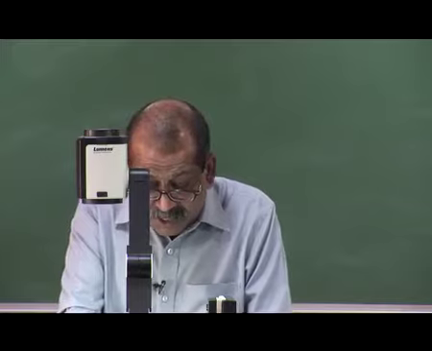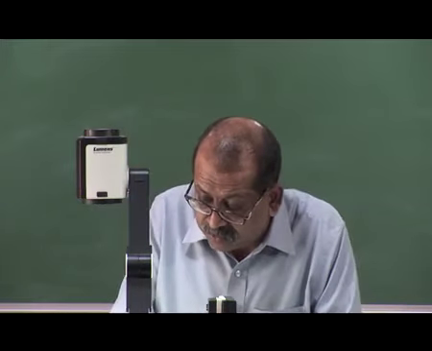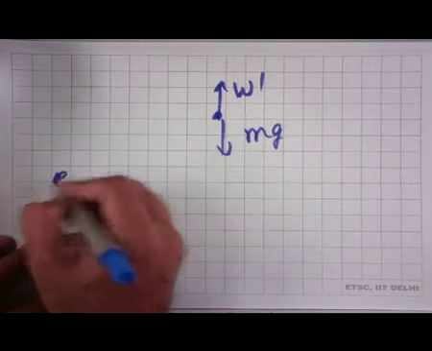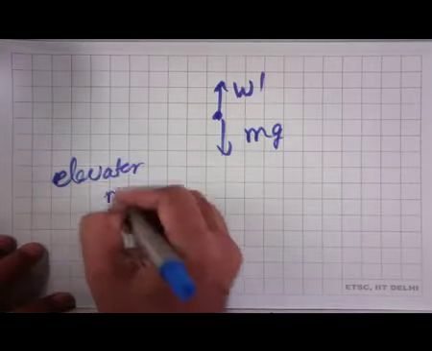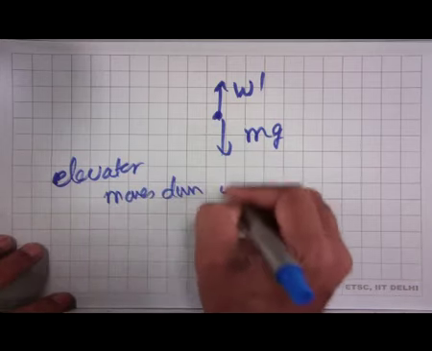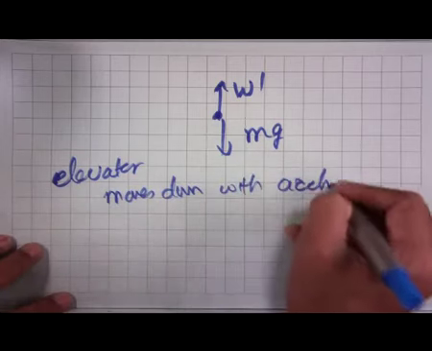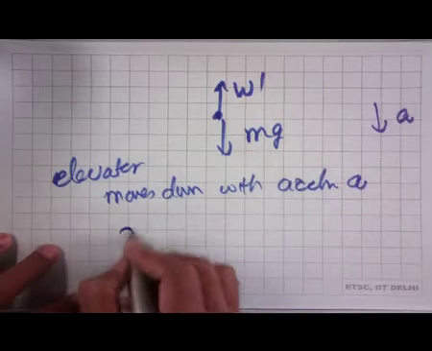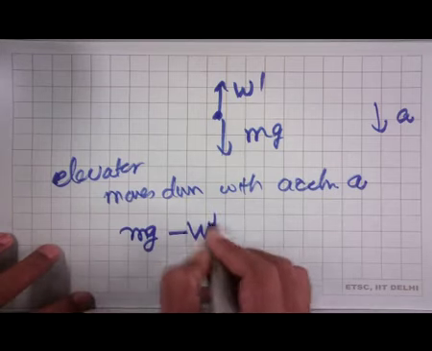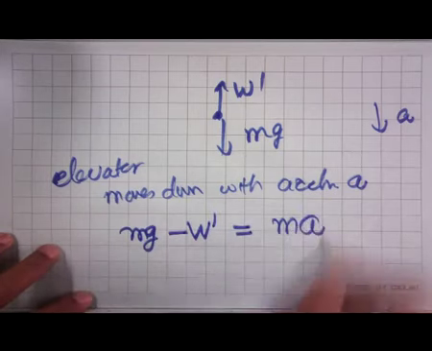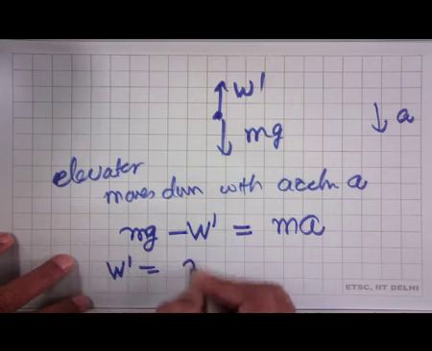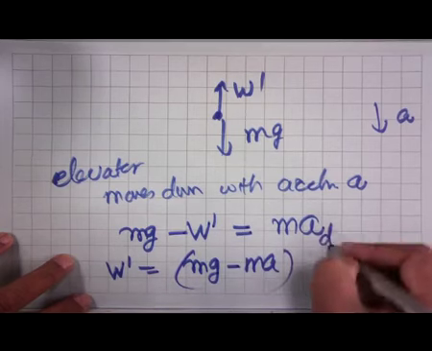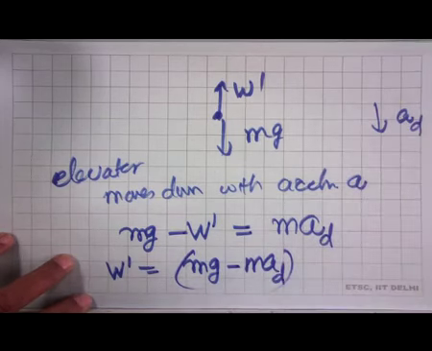And when we take the other case, once again we have W prime and we have mg, and if the elevator moves down with acceleration a, then what we have is mg minus W prime is equal to m times a, and W prime will be equal to mg minus ma, where let me just use the subscript d to show that it is downwards.